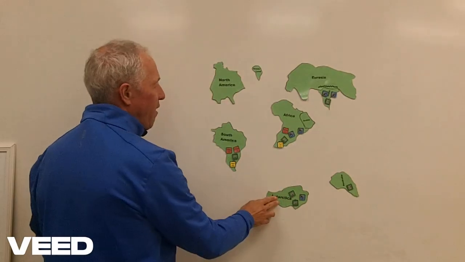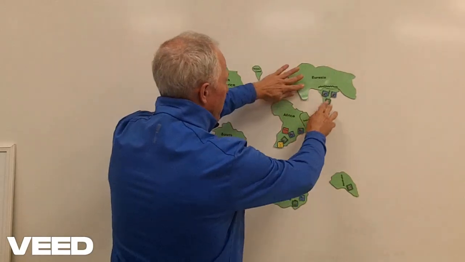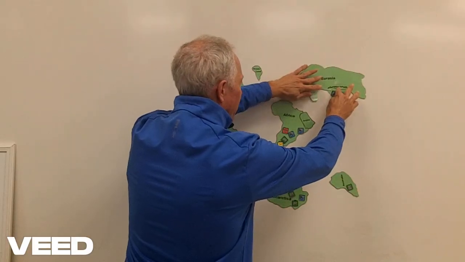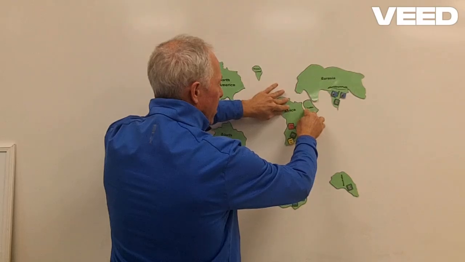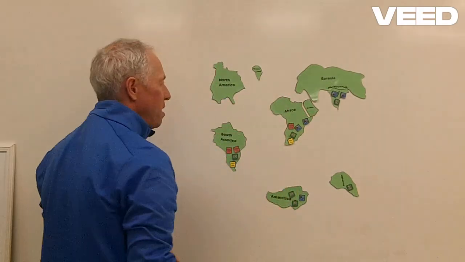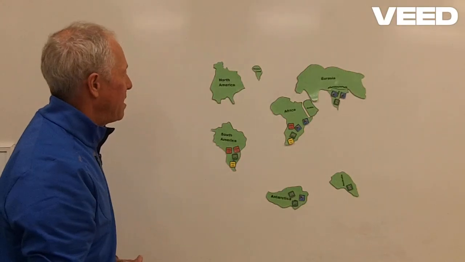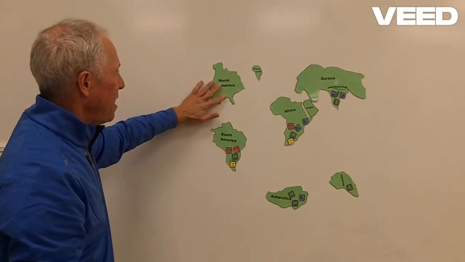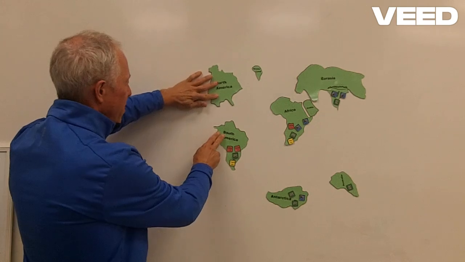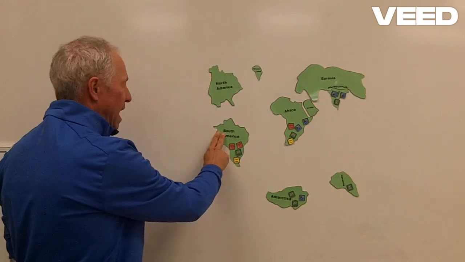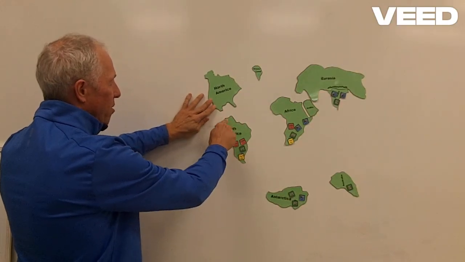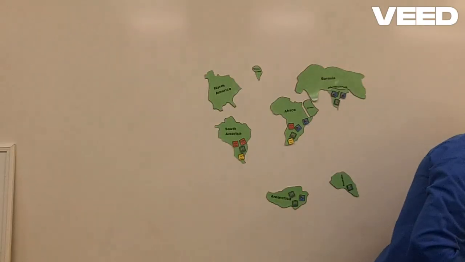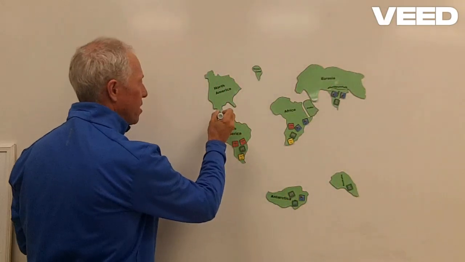About 25 million years ago, Africa and Arabia break apart, forming the Red Sea. And finally, maybe 3 million years ago, a land bridge forms between North and South America. That's something you could draw in if you wanted to.